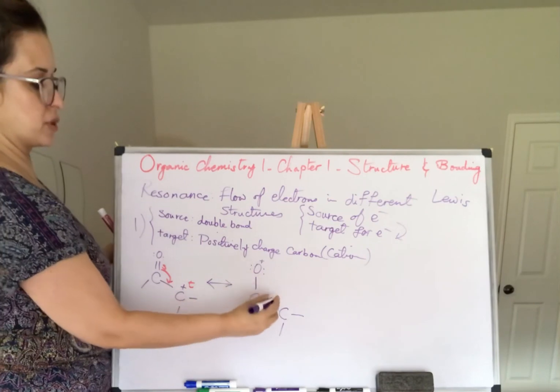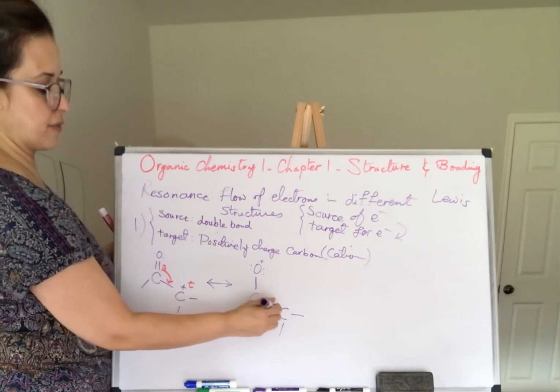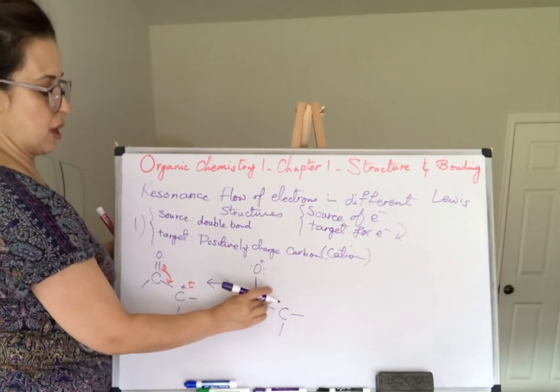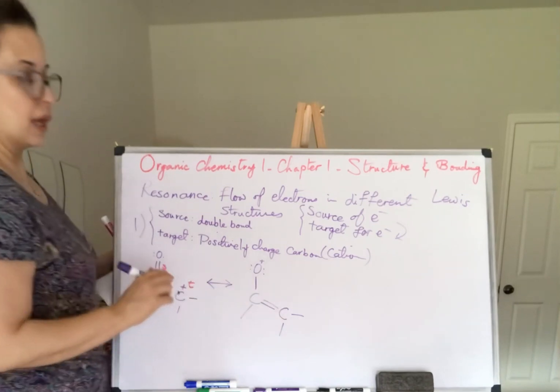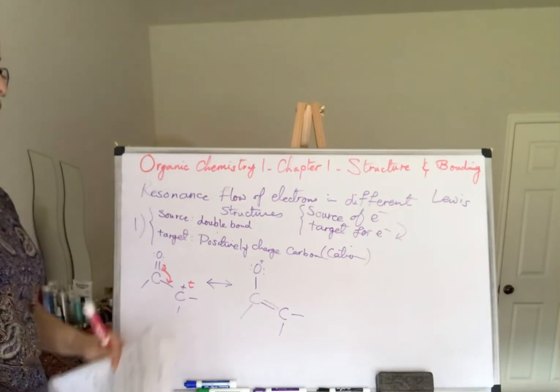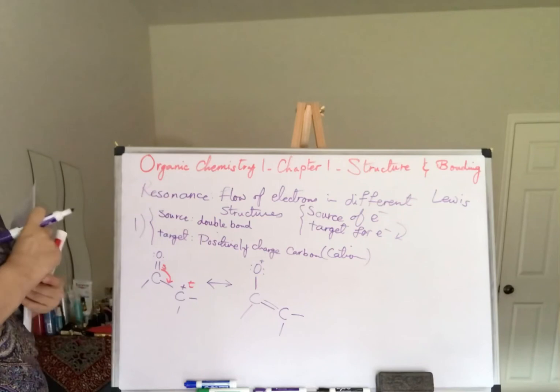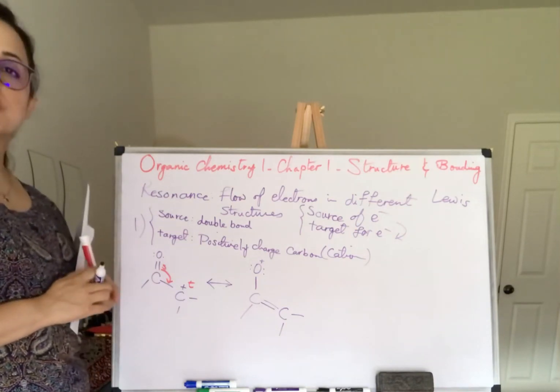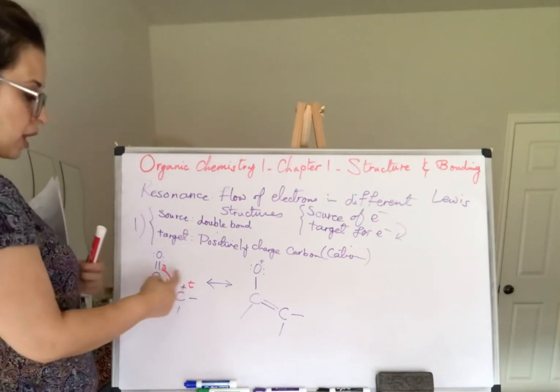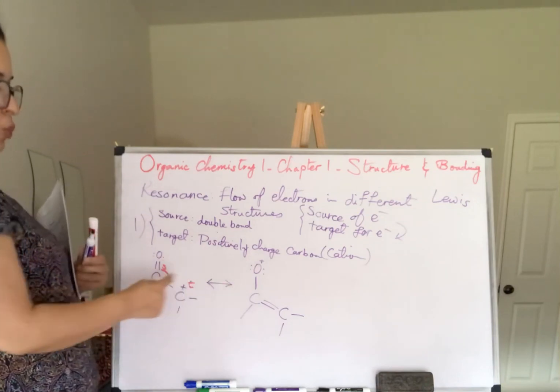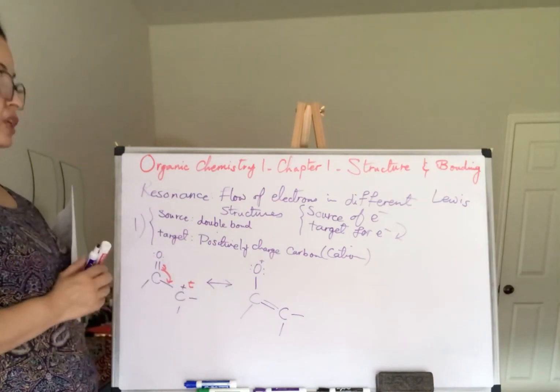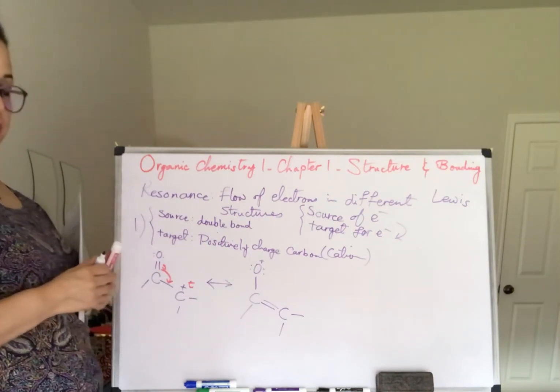Do you remember I told you resonance structures and formal charges are related to each other? Formal charges are used to decide the major Lewis structure. Now you would ask me which one of these is the major, or let's say more stable, resonance structure.